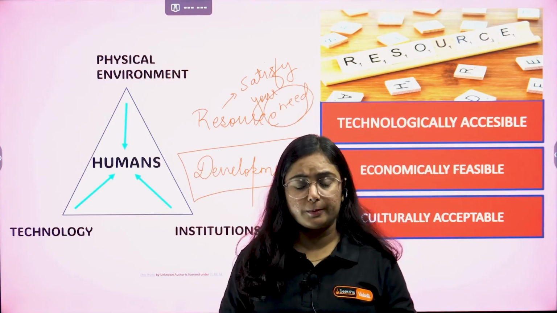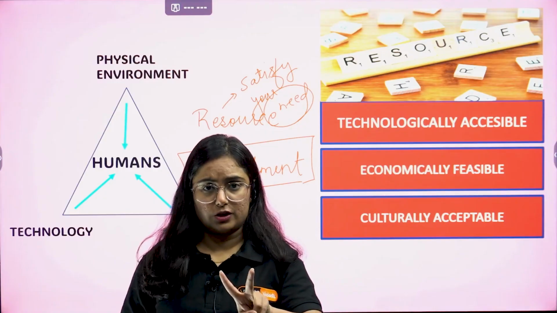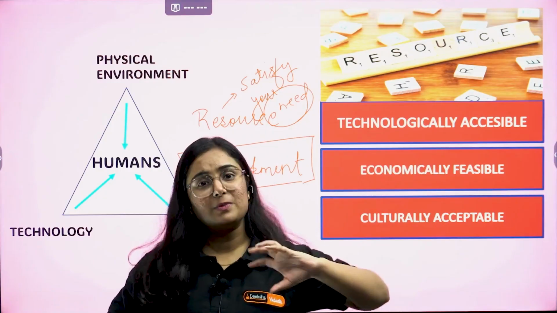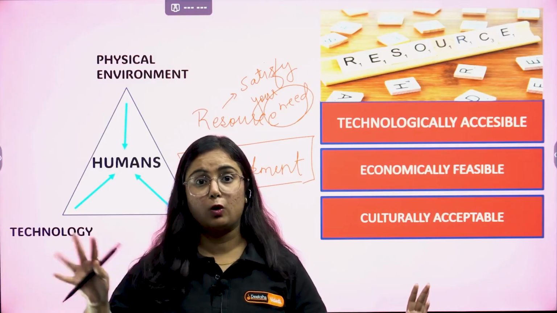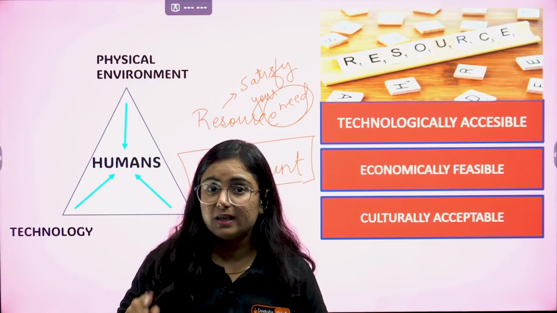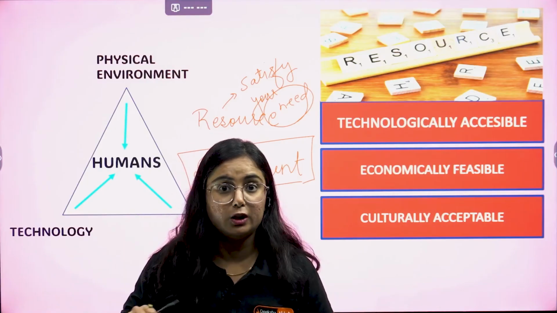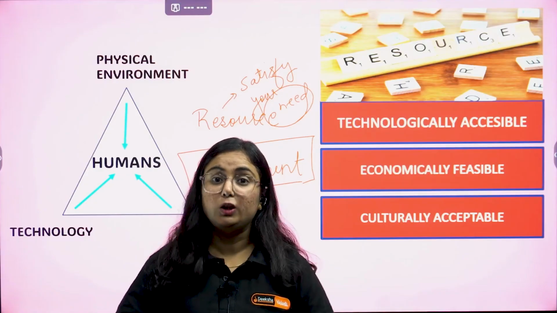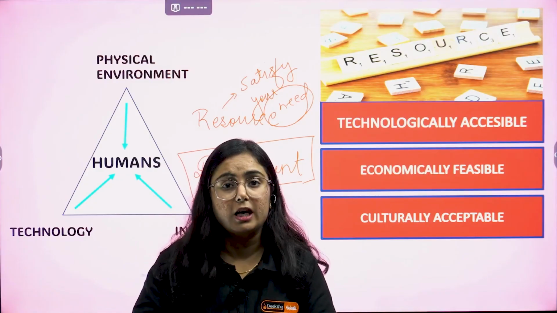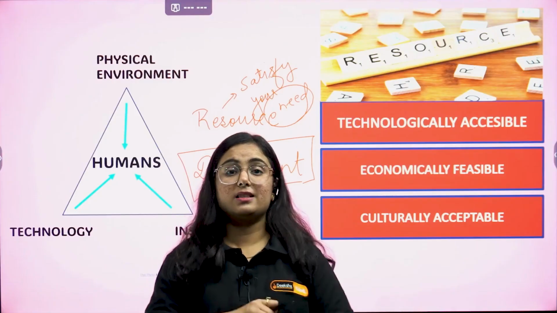Mark my word here. You have two watches, and one of your watches stops working. You have kept it in the home itself, you have not yet thrown it away. Is it a resource for you? Are you using it? No. Is it useful for you? Is it satisfying your need? No. But the watch which is working, you are using it daily, that is a resource.